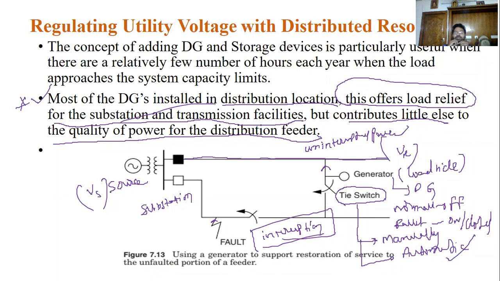Okay, simply, this is one case to maintain constant voltage levels at the load side by using these distributed generations. Remember, at that time only some gas plants and some diesel generator sets were treated as distributed generators, not solar and wind.